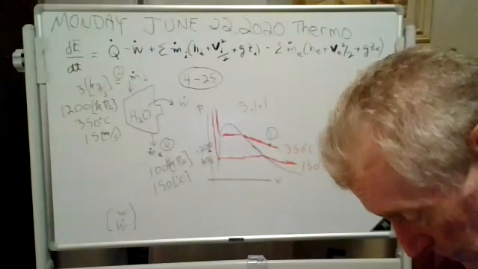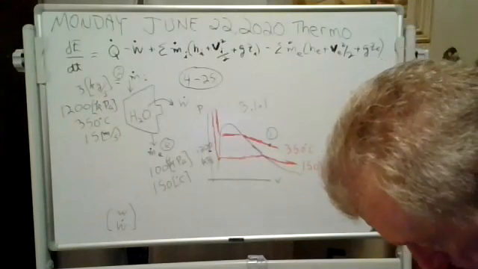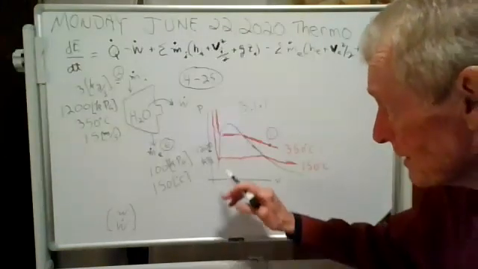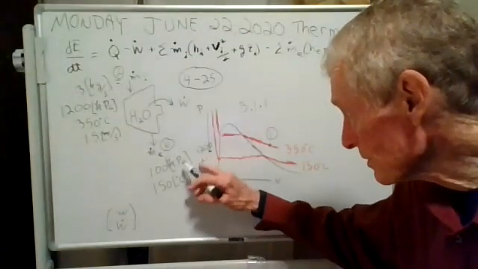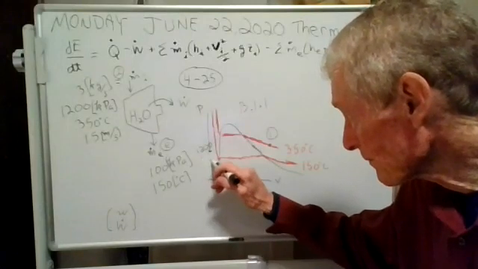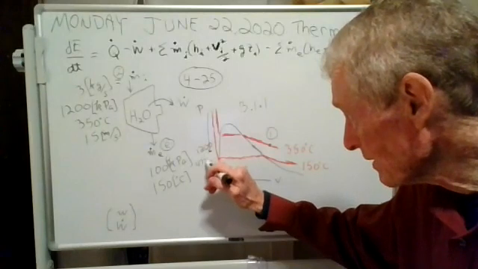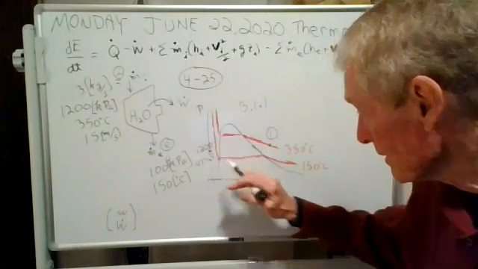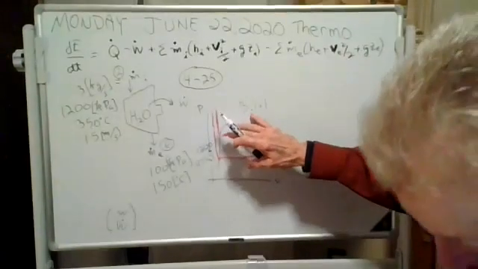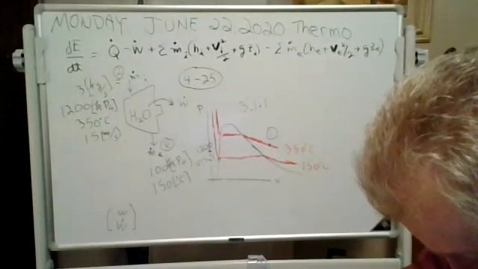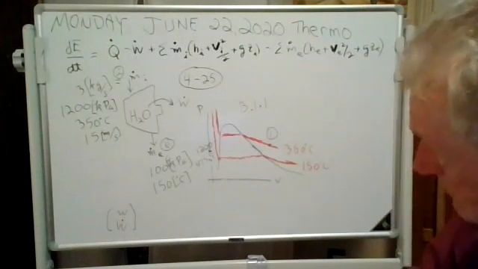The pressure at 150 is 475.9. I'm looking at table B.1.1, and that's what it says. Yeah, I did that right.